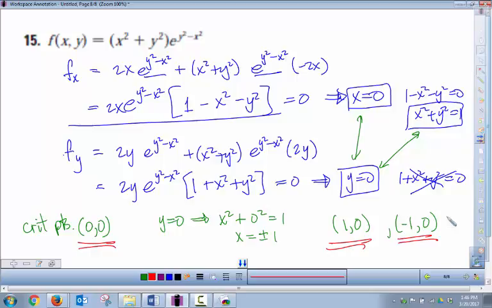Okay? So our problems have just begun. We got more stuff to do, and that is to find the second derivatives. So, should we keep going down on this page?